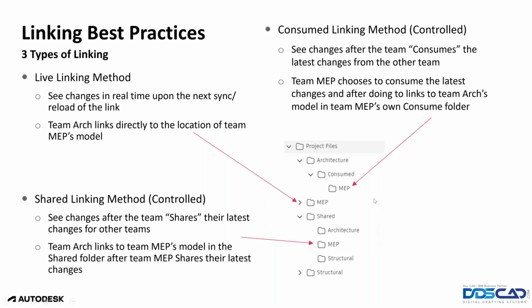And in that case, you're going to click that consume button. And then what's in the shared folder is going to be copied into the architect's own consumed folder in the MEP location. Again, this location doesn't change. You link to it once, and then all you need to do is continue to consume those changes as you're ready.